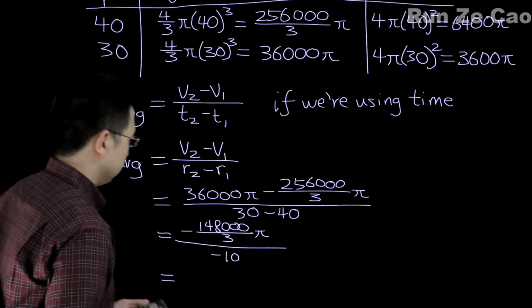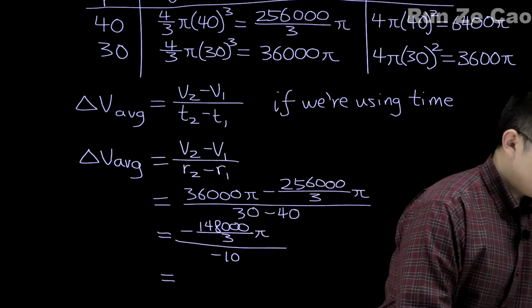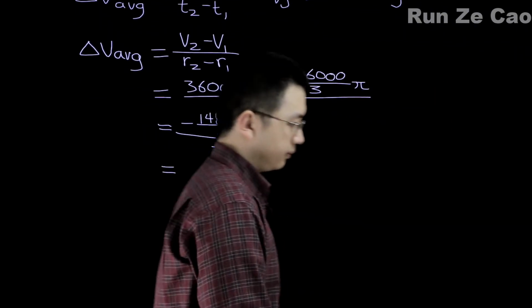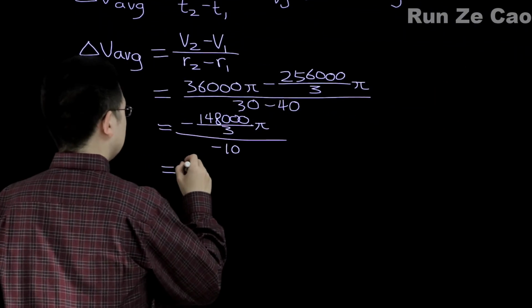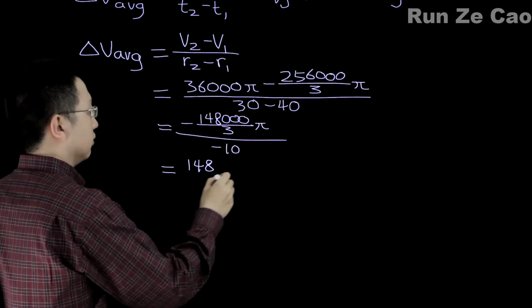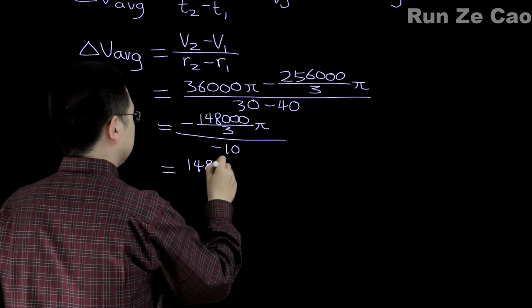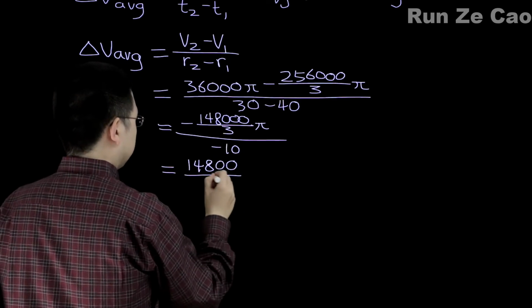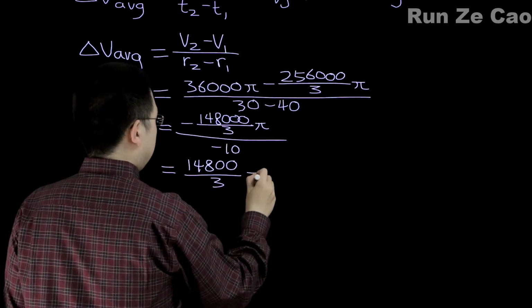So this is equal to 148. First of all, the negatives cancel, and also we can get rid of one of the zeros: 0, 0 over 3 pi.